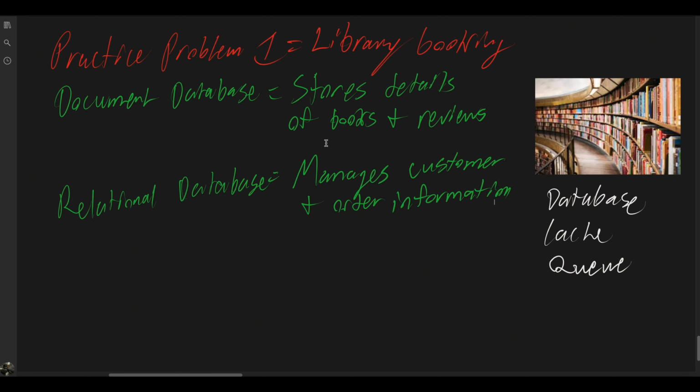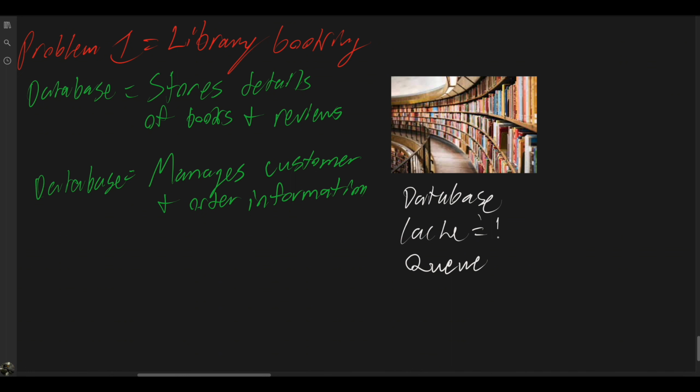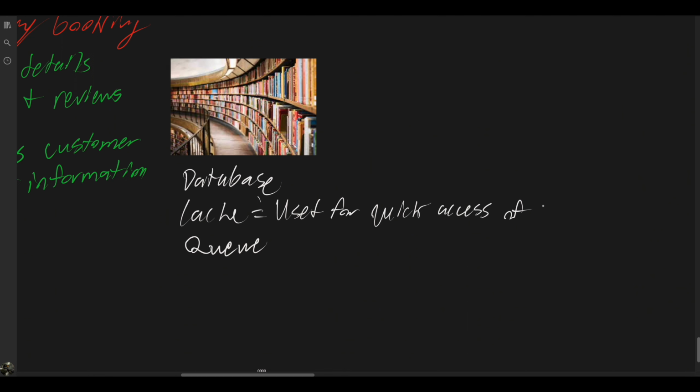A cache is employed for quick access to book data, and a message queue handles a stream of incoming orders. So the queue manages the stream of incoming orders.